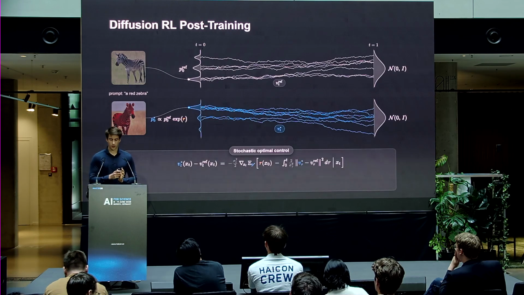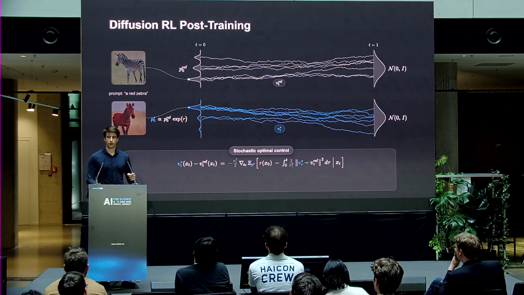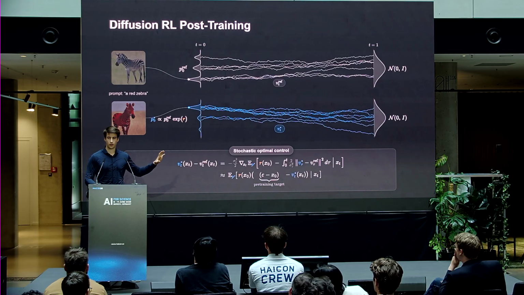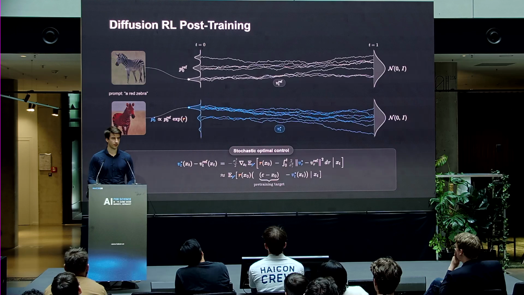And here's an insight from stochastic optimal control theory, namely that the two are related. Specifically, for a noisy sample xt, the difference between the reference velocity field and the optimal velocity field is proportional to the gradient of this expectation here. Now, with a bit of algebraic rewriting, one can show that this expectation is well approximated by this other expectation here.